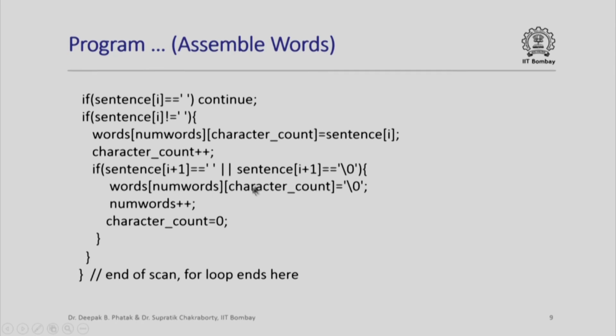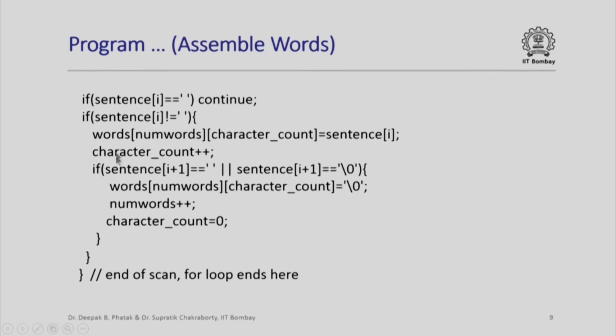This word has terminated, so the next word has to start. I increment the number of words, num words, and I reset character count to 0 because in the second word, which is the next row of the word matrix, the character count will start from 0, 1, 2, 3, 4 for a new word. That is all I need to do.